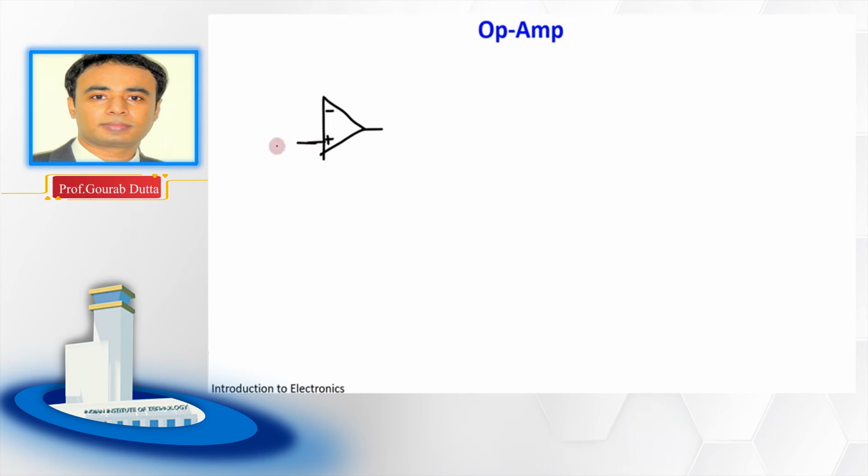At this non-inverting terminal, we will apply the input voltage Vi. At this output, we will connect one PN junction diode, and we will have a negative feedback from this output to this input.